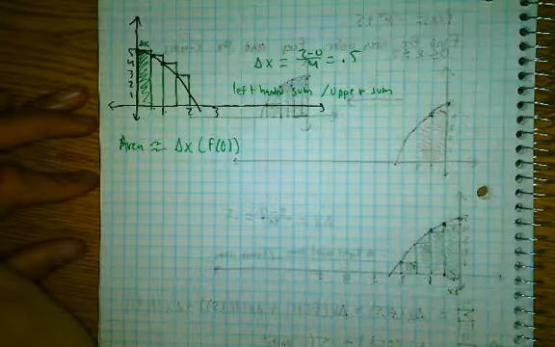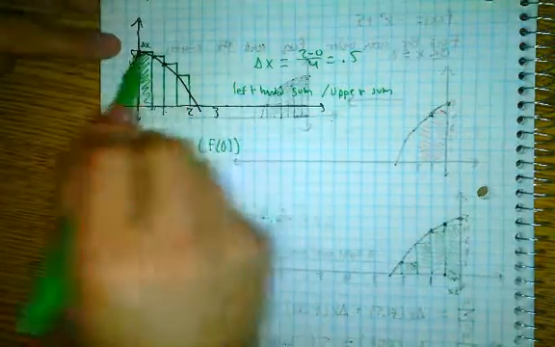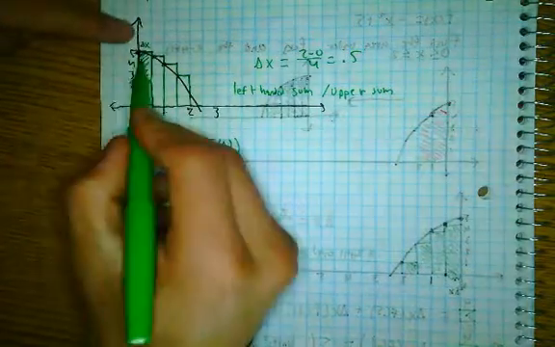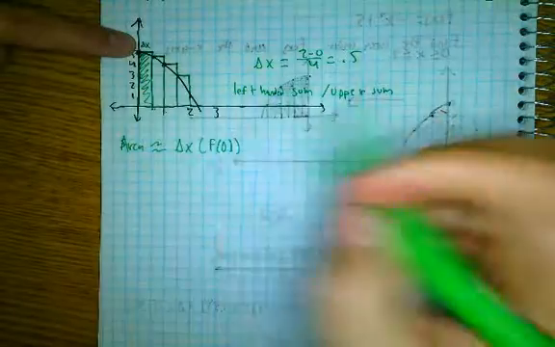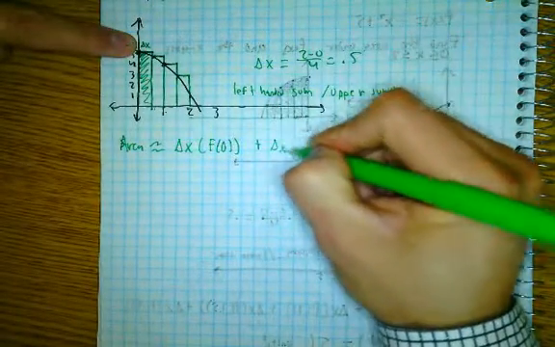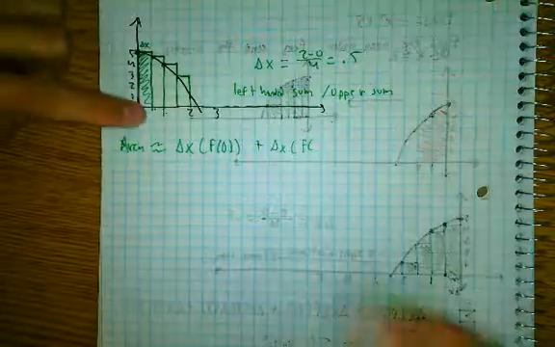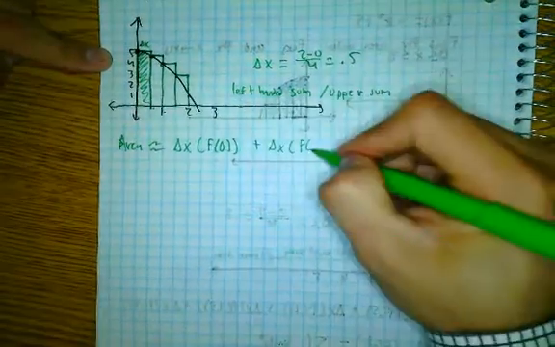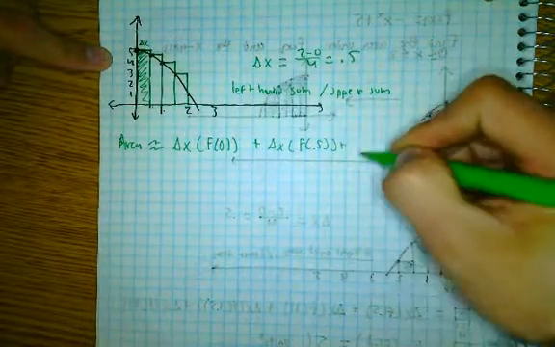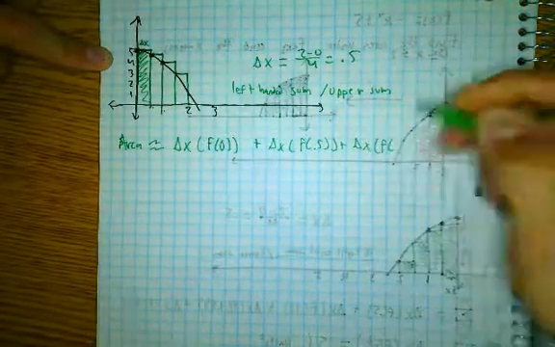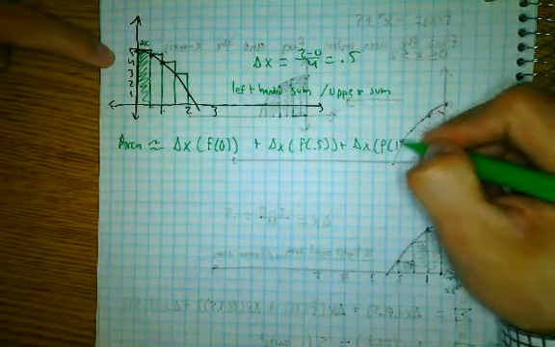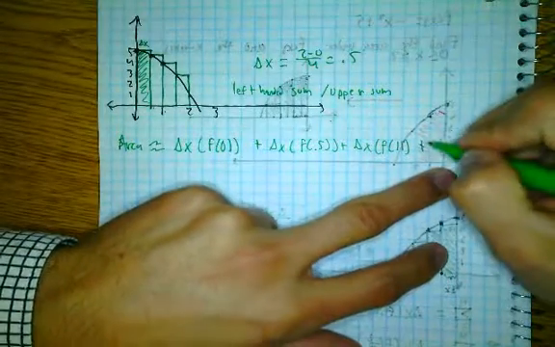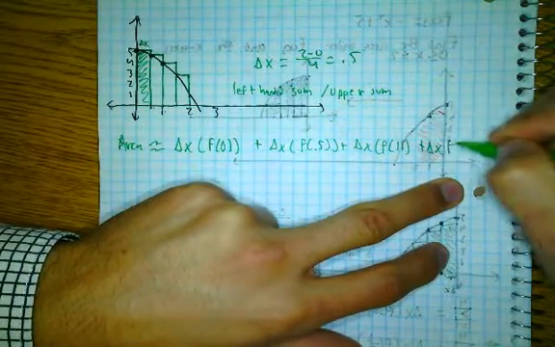So I would have to plug in f of 0 to figure out, and that's going to give me this height, right? Plus delta x times f of this value now, which is 0.5. Plus delta x times f of 1, right? Plus delta x times f of 1.5. And that takes care of 1, 2, 3, 4 rectangles. Agreed?